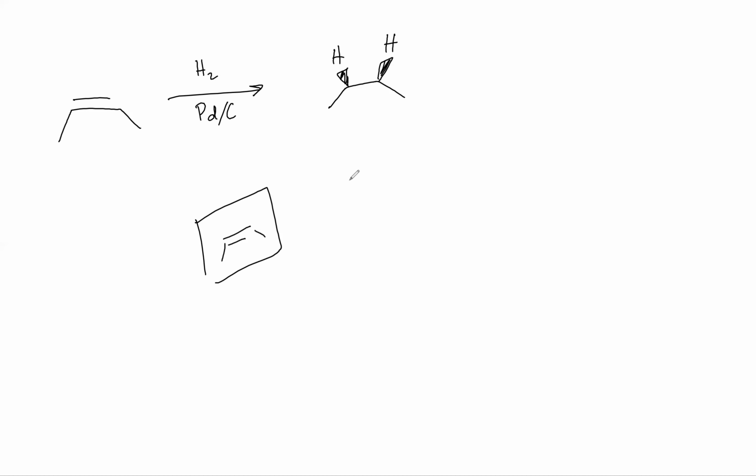And then the hydrogens are going to come in and they're going to attach from either side of that metal, here and here. Okay? Does that make sense? Okay, awesome. So that's why we do syn hydrogenation. Again, hydrogenation is just called that because we're adding a bunch of hydrogens.